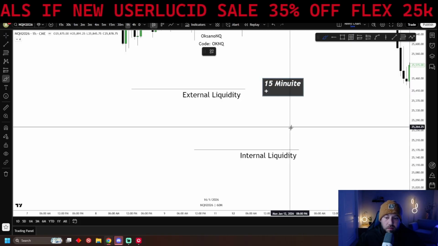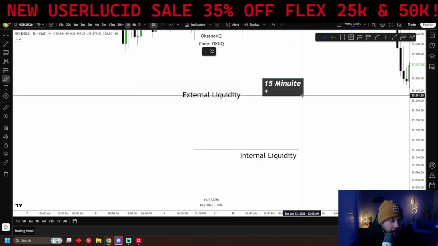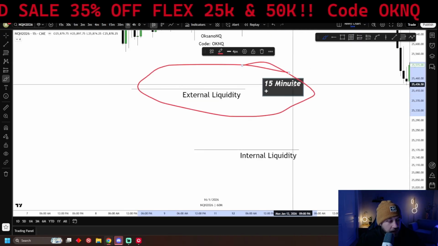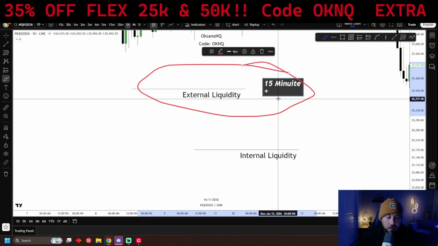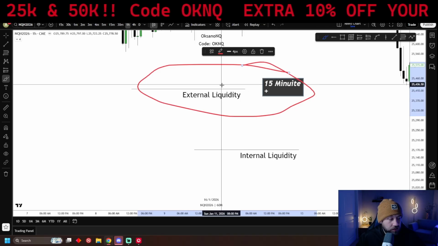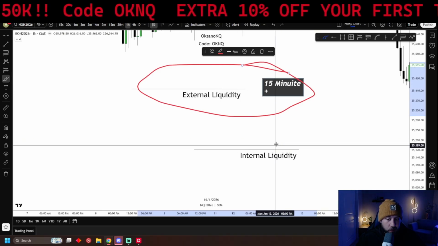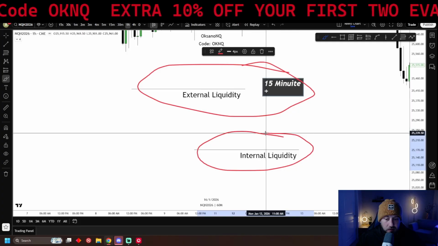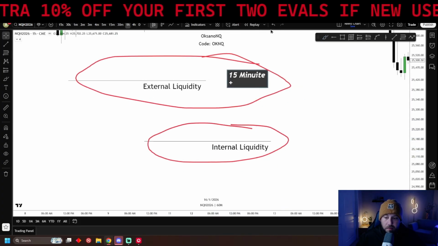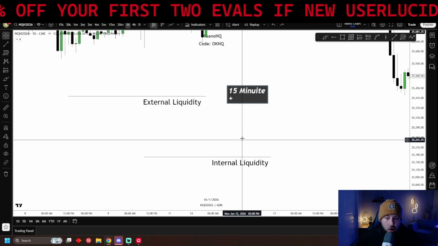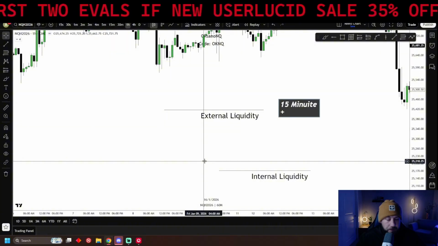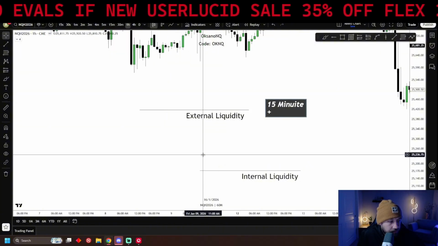Because we don't execute on the higher time frame, right? We use higher time frame as a way of direction or delivery or bias, but we enter our trades on the lower time frame, right? So for me, the internal liquidity will always just be relevant to lower time frame, if that makes sense.